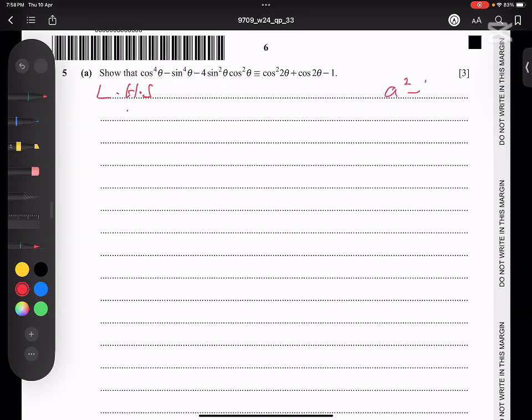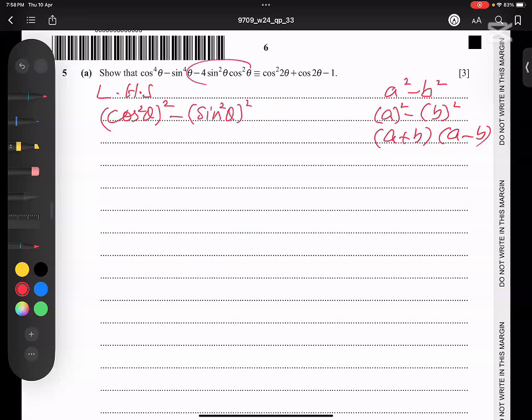A square minus b square. So students, there's a square of a, there's a square of b. We apply 1 time plus and 1 time minus. So the same story we are applying here. So it turns out to be cos square theta and sine square theta. And this term I'm copying as it is, but I will tell you later, this 2 sine theta and cos theta whole square.